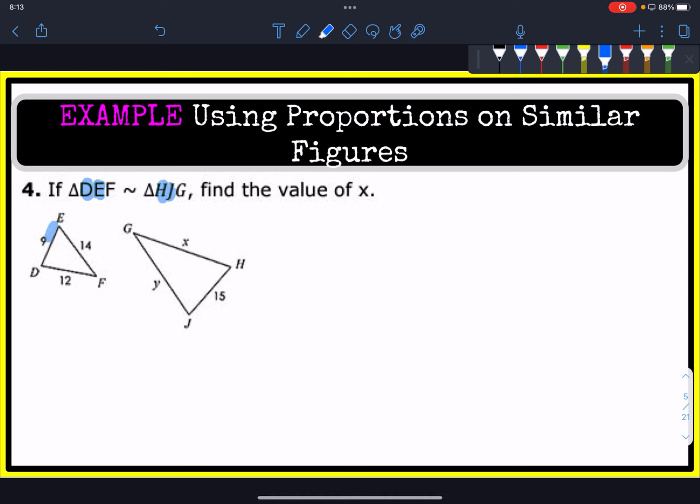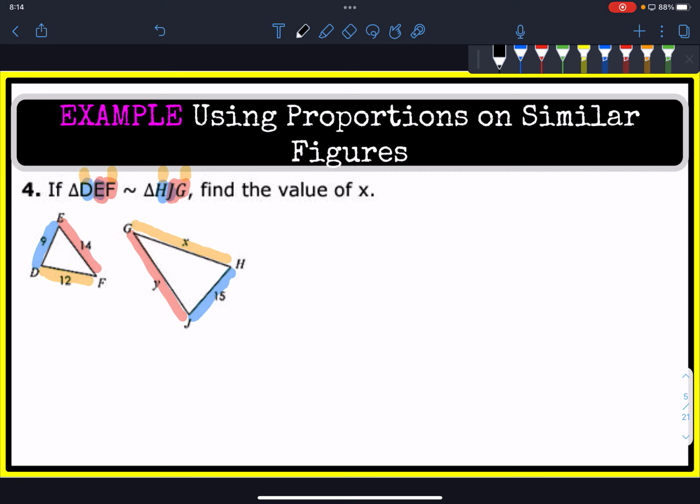So from D to E, that corresponds to the distance from H to J. The side E to F corresponds to JG. And the side DF corresponds to HG, just simply by looking at the similarity statement, which means that I can set up a proportion.